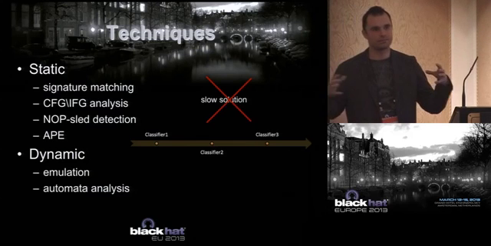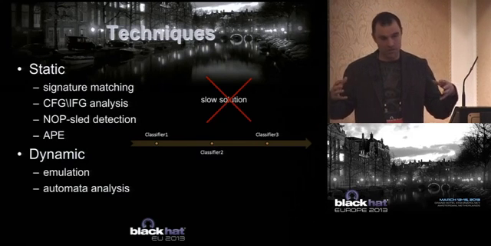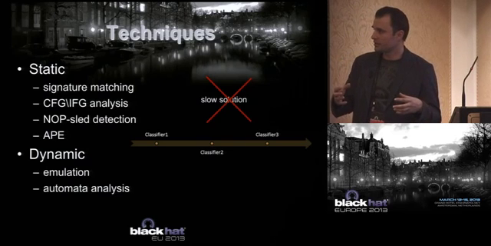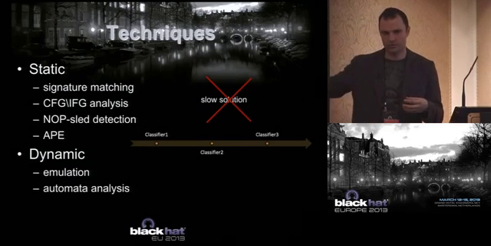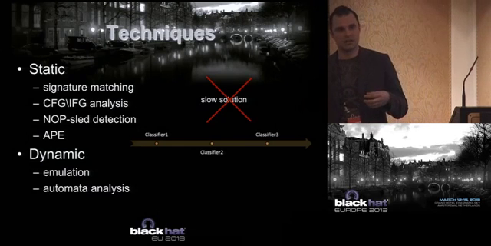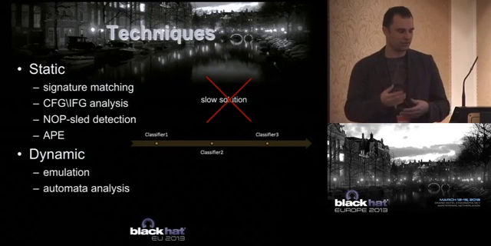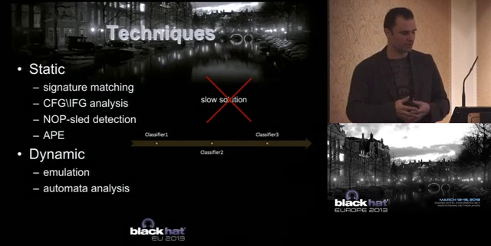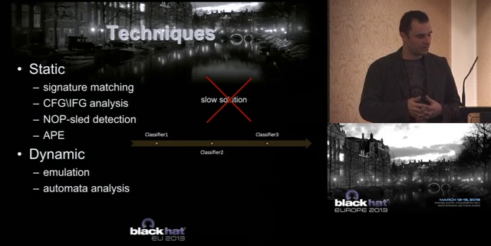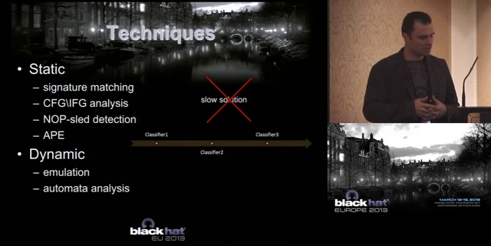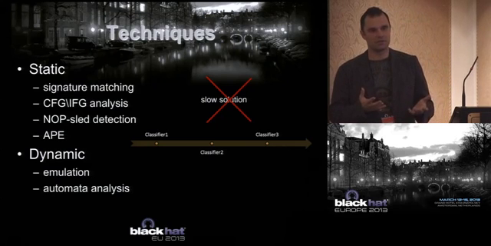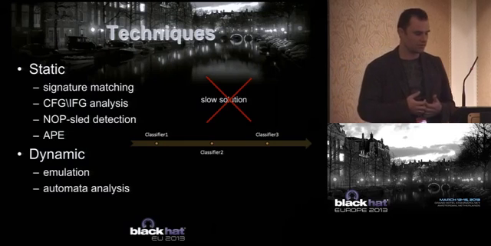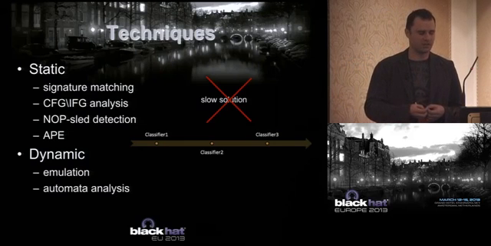The NOP sled is the part of the shellcode which contains only instructions which lead the execution down to the actual portion of shellcode which does what was intended for it. Dynamic methods all require emulation in some way: emulation or execution in a virtual environment, sandboxes and so on.